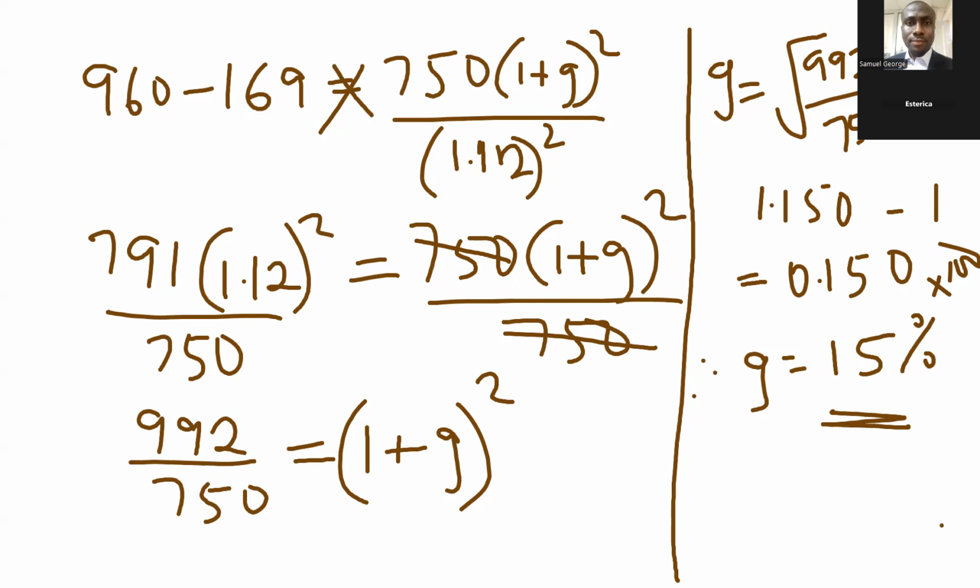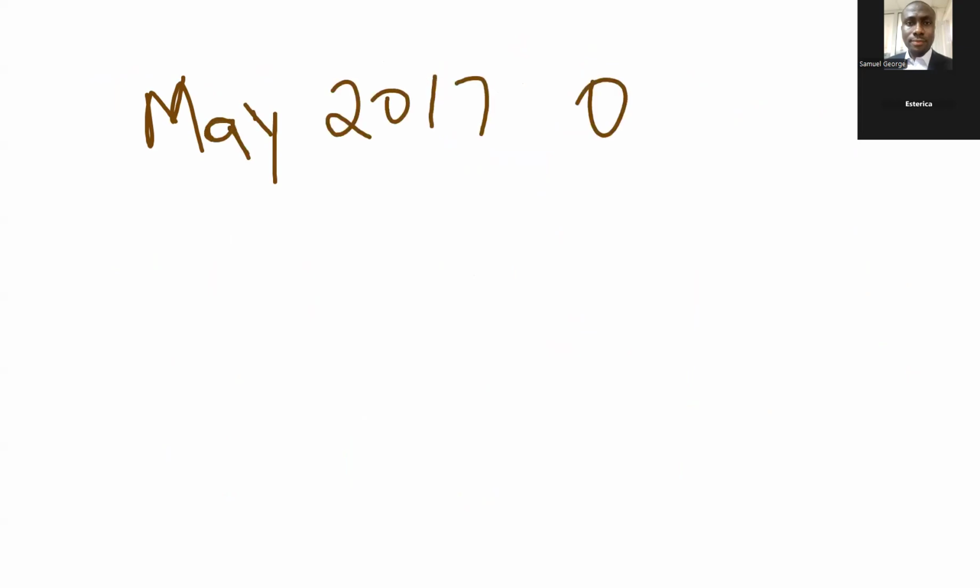So I would really advise you to go over it. May 2017 question 4 speaks about convertible bond. Please look at the answer if you don't know how to solve it, and try to understand the way the answer is. And if you don't understand, you can please chat me up on WhatsApp and ask more questions about that. Please just consider it as an assignment.